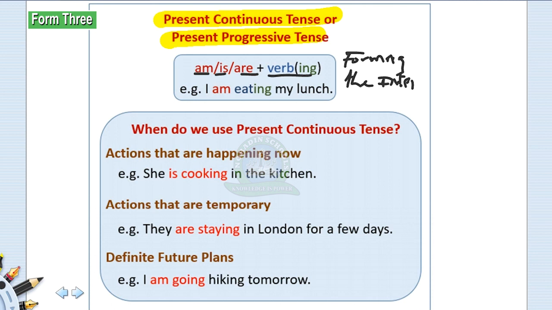So we use present continuous tense. The form could be am, is, are. I takes am, while is takes he, she, and it.